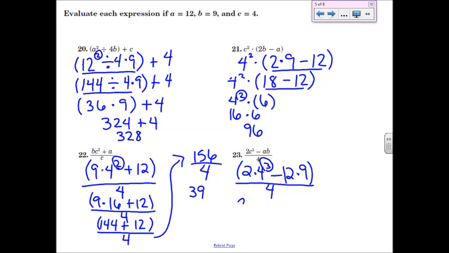So I have 2 times 64 minus 12 times 9. And then inside the parentheses, I do the multiplication next. So 2 times 64 is 128. And then 12 times 9 is 108.